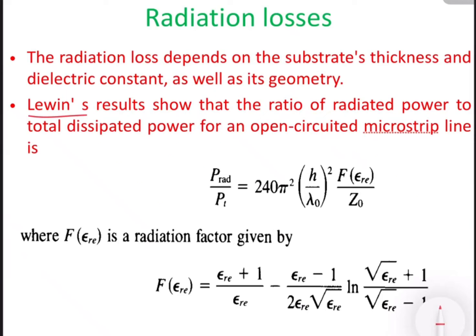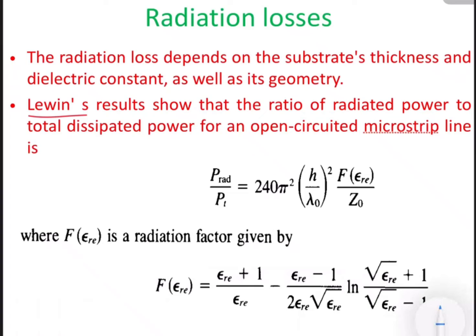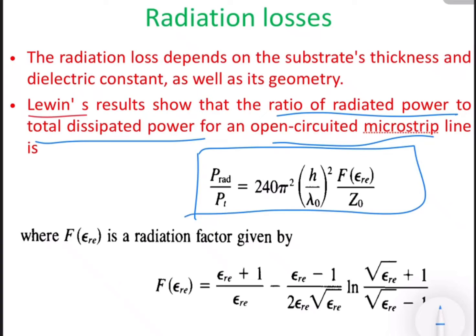The results demonstrated by Levin show that the ratio of radiated power to total dissipated power for an open circuit microstrip line is P radiated divided by the transmitted power.